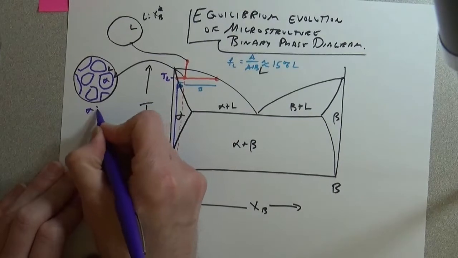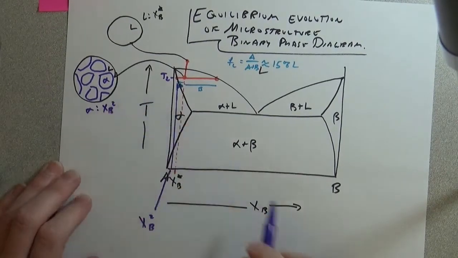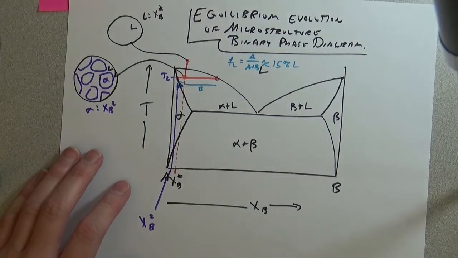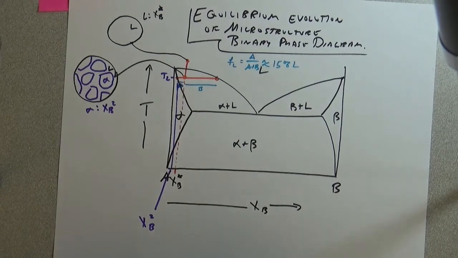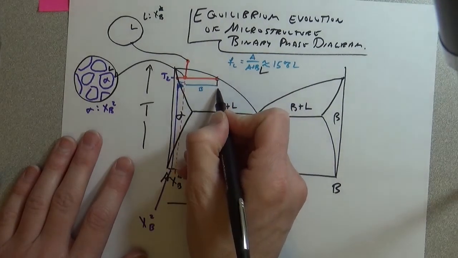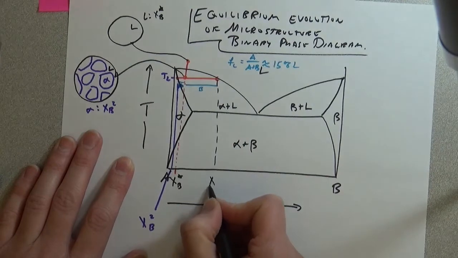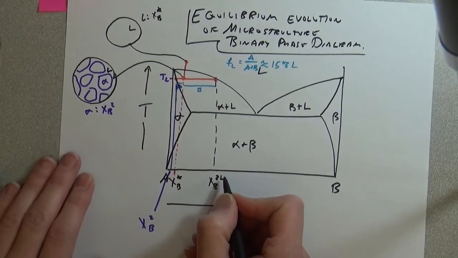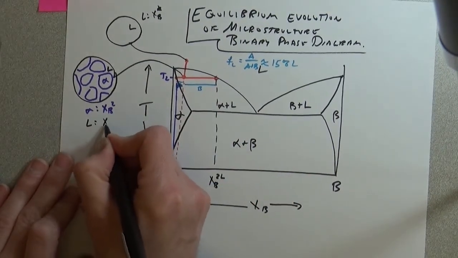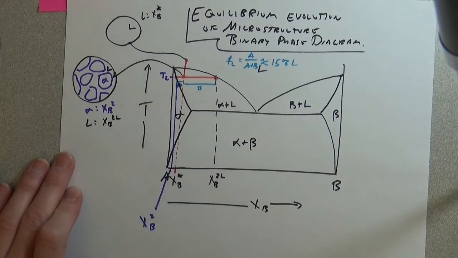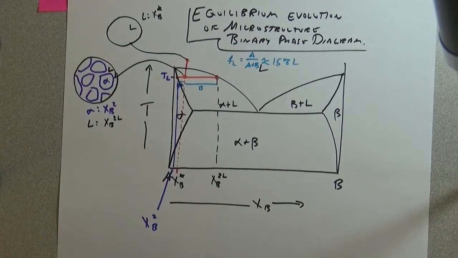So alpha XB2, and the liquid then is defined here. So that's XB2L. Okay.